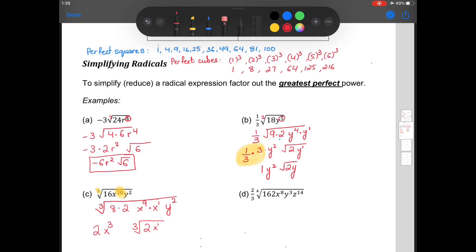And x to the first is non-perfect cube, and so is y square. So this is my final answer. I'm going to rewrite it a little nicely. This is 2x cubed, and cube root of 2xy square.